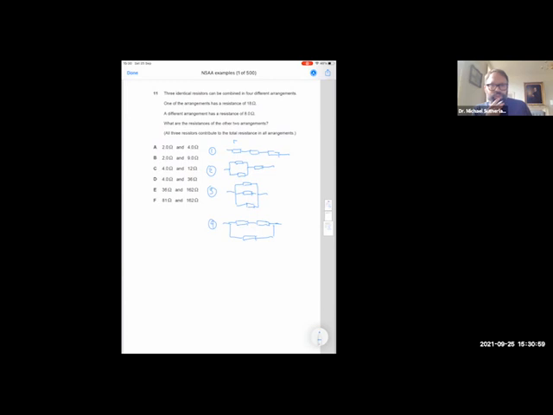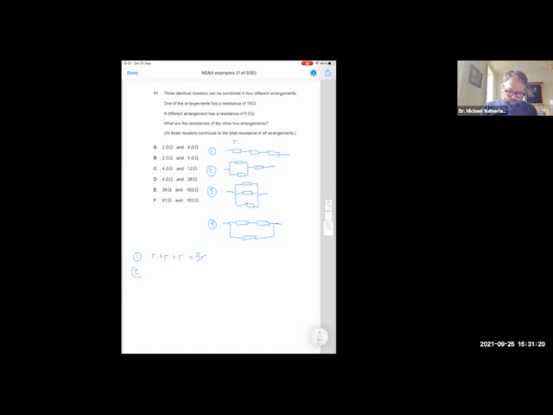Okay, so probably the next step here is to work out what the resistance would be in each of these configurations. So in configuration 1, we'll call our resistance R. We would just have R plus R plus R, and that gives us 3R.